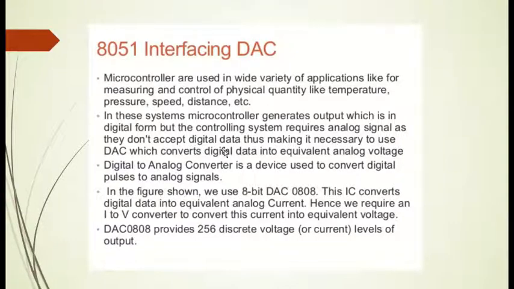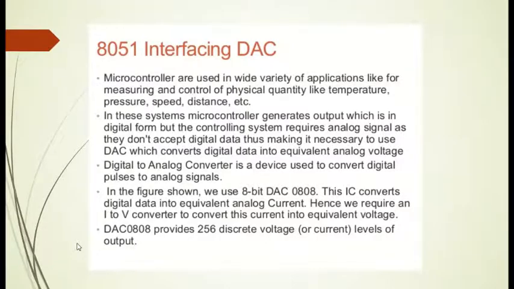Here we are going to use the 0808 DAC, the digital to analog converter. This converter converts your digital data into analog current. After it is converted to current, it has to be converted into an equivalent voltage. For that, we require a resistor here.